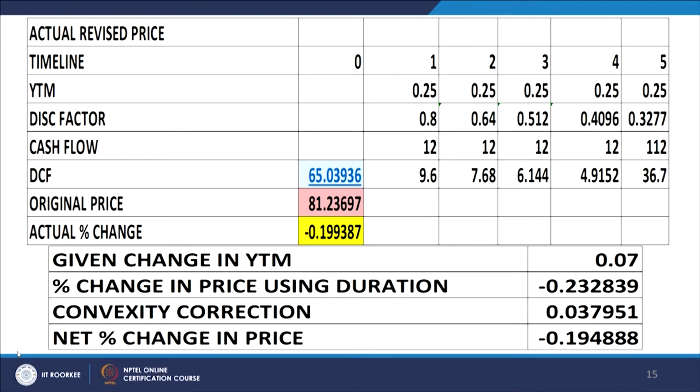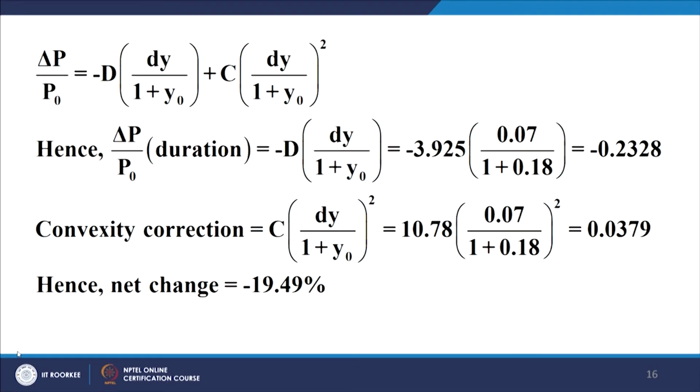Now we come to the important slide. Before I talk about this slide, let us go to the next slide where the calculations are explicitly given. The percentage change in price, for which we have already worked out the formula, is given by minus t into dy upon 1 plus y0, plus c into dy upon 1 plus y0 whole square.